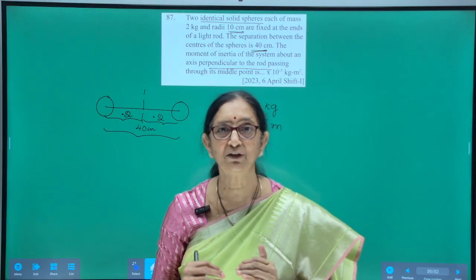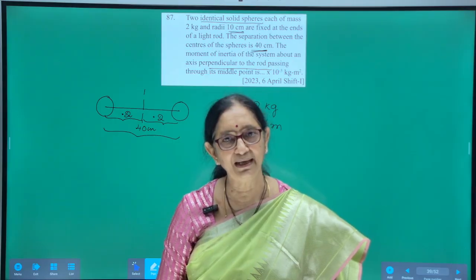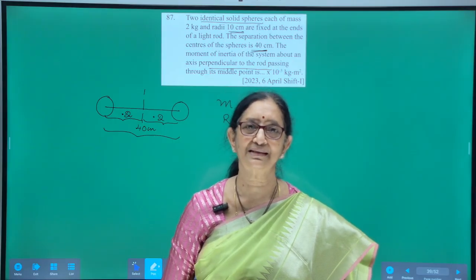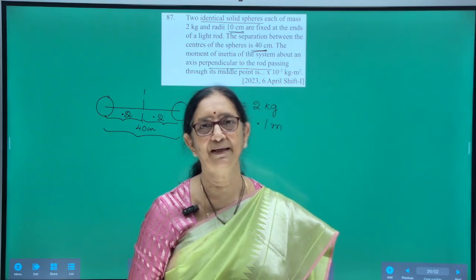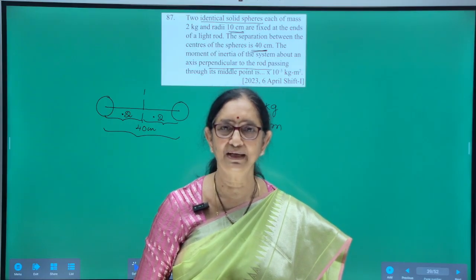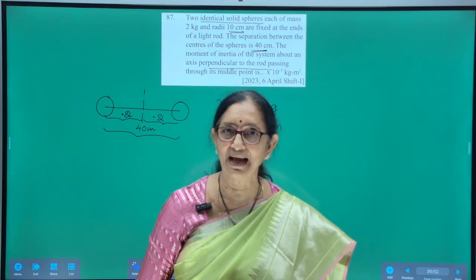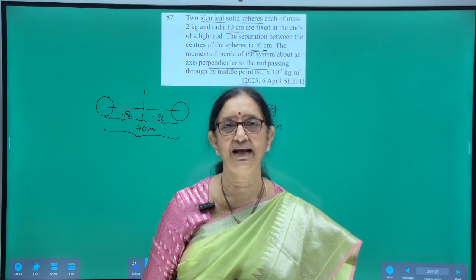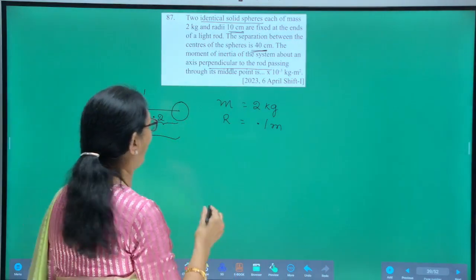If we need to find the moment of inertia of any object about an axis not passing through the center of mass, we have to think of the parallel axis theorem, which says that I = Ig + mr², where Ig is the moment of inertia of the object about a parallel axis through the center of mass and r is the perpendicular distance between the two axes.